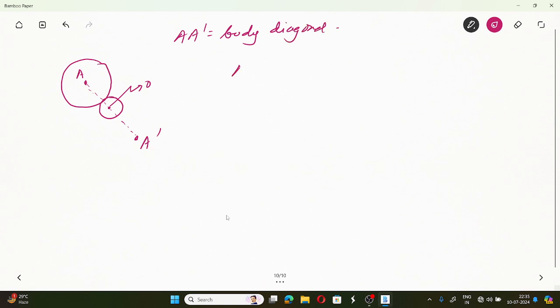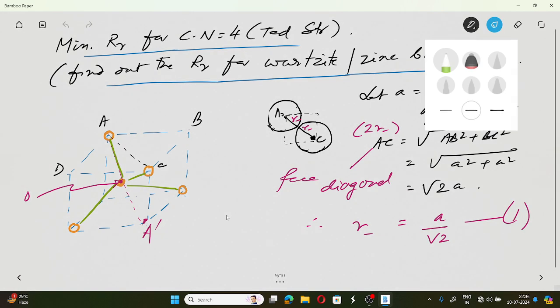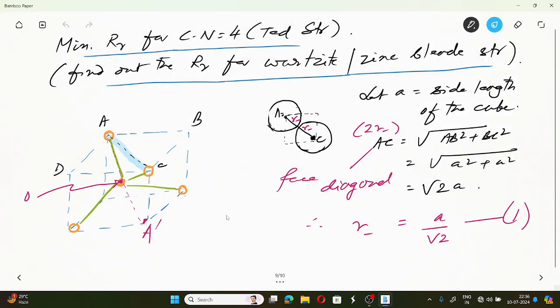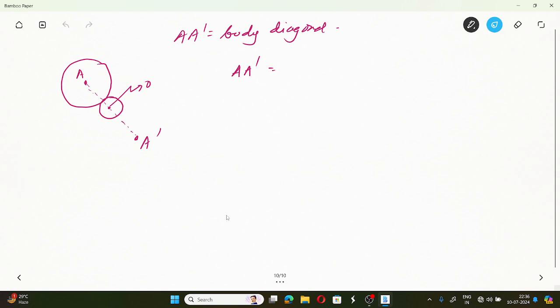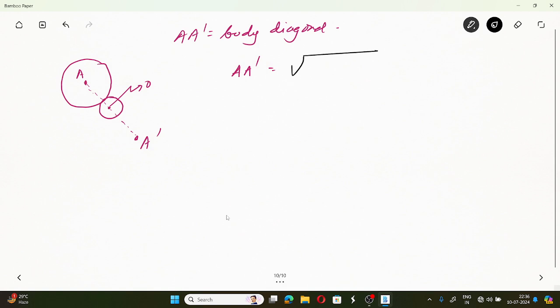Now, if you look carefully, this A dashed, we can write like this. Using Pythagoras, we can say that this A dashed is root of AC square plus CA dashed square. So this is root of AC square plus A dashed C square.